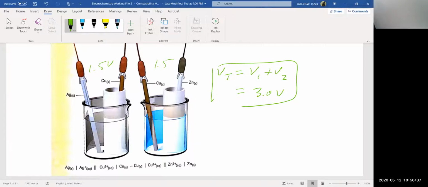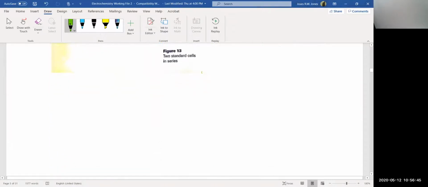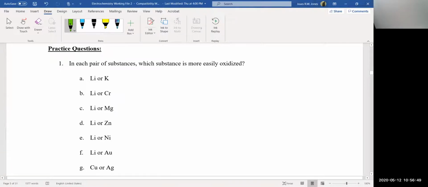That's actually what happens when you create a battery. You have multiple electrochemical cells placed in series within your battery to give you your 1.5 volt battery. Now we are going to deal with some of these questions. I feel like I'm missing a page.